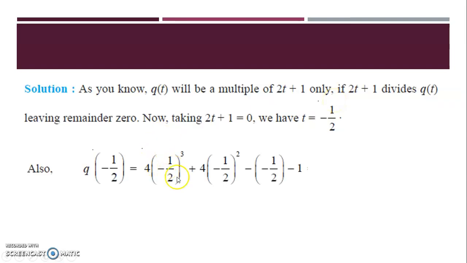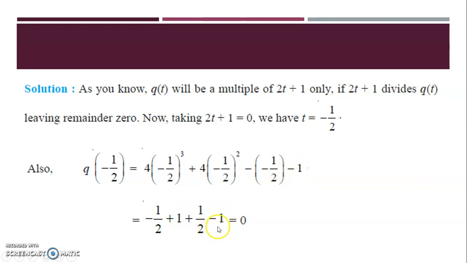Instead of t square we have minus 1 by 2 square, and minus t will be minus of minus 1 by 2, and we'll have minus 1. Simplifying this, we'll have minus 1 by 2 plus 1, and minus of minus 1 by 2 is 1 by 2, and then we have a minus 1.